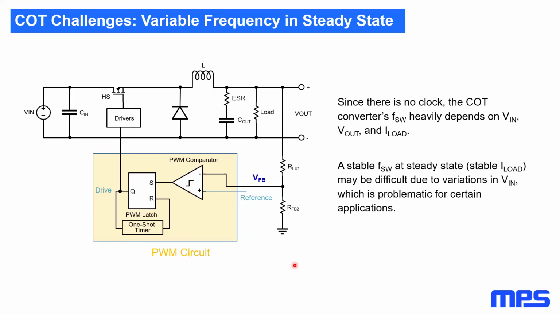As I said before, we want to have our switching frequency as stable as possible, at least in steady state. We won't be able to avoid variations due to the load current, but we want to at least be certain that when we're operating in steady state, we have a good idea of what that switching frequency is.